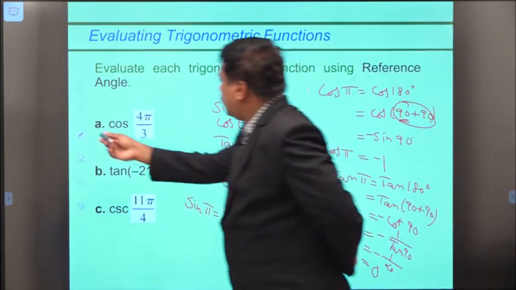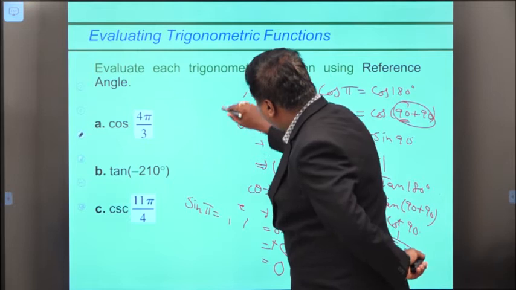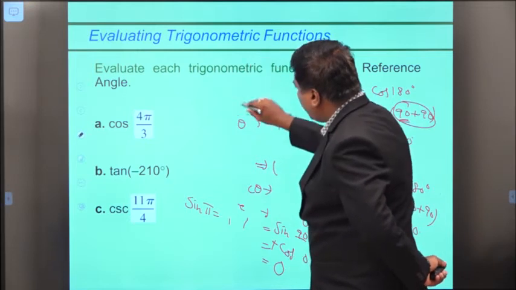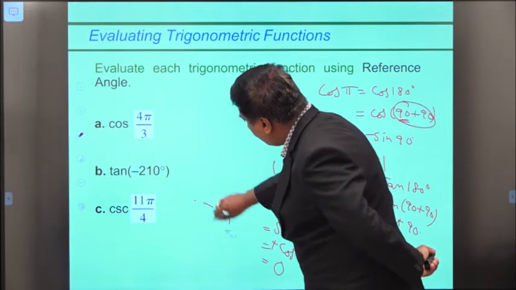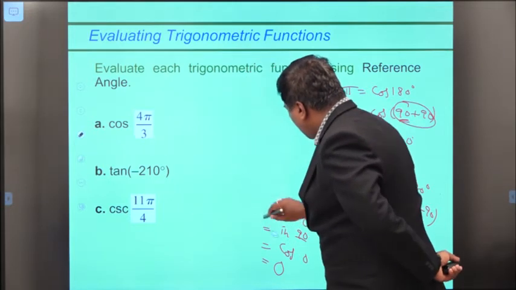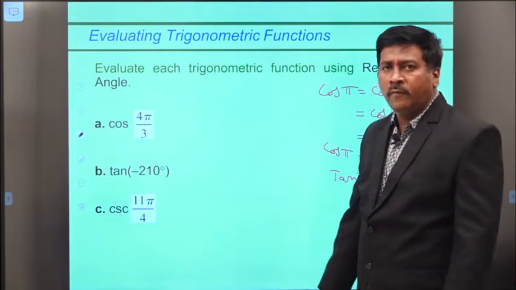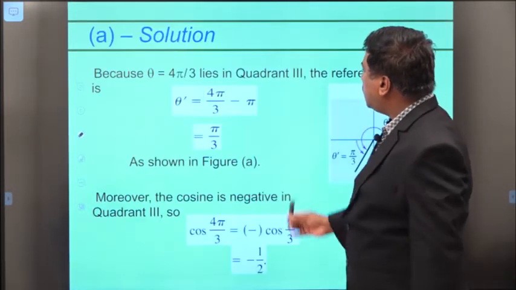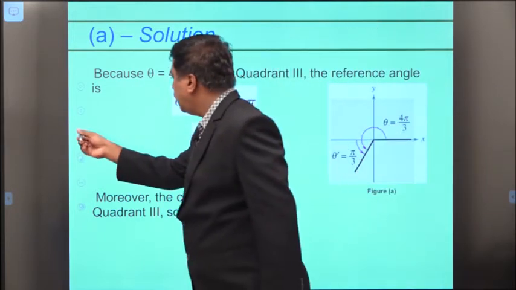Now, coming to the contents you have to learn here, we have to find the value of sin 4 pi by 3. Please all of you say this. First of all, you have to find the reference angle. This 4 pi by 3 lies in the third quadrant.